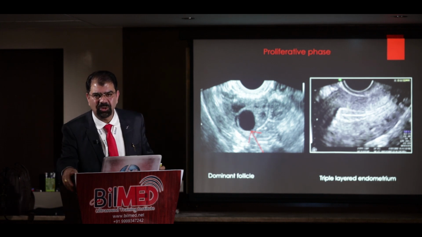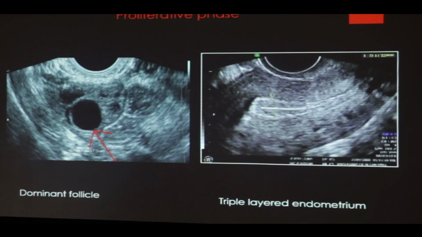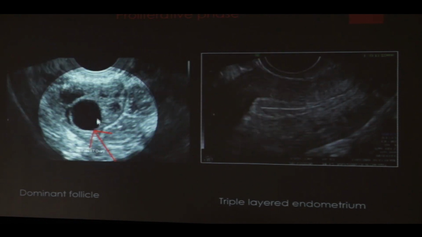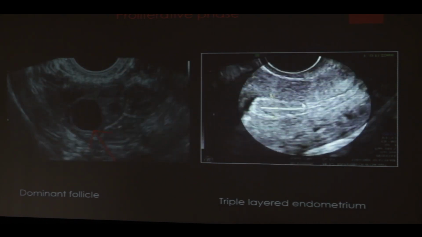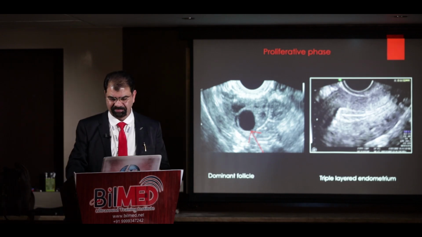Ultimately, this has to get implanted, which I am not giving much stress to, but I should see with one eye the follicle and with one eye the endometrium, then only it will make sense.